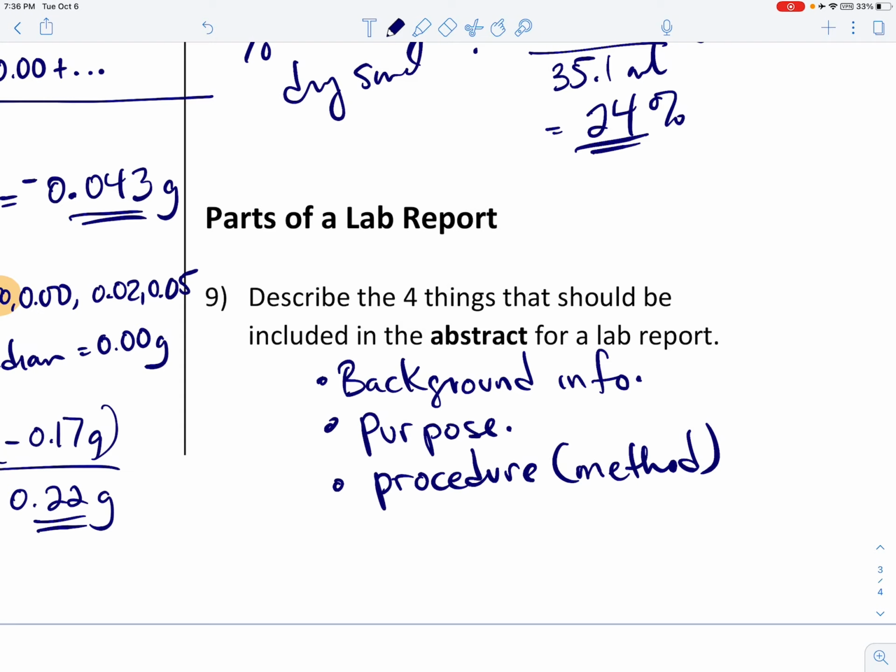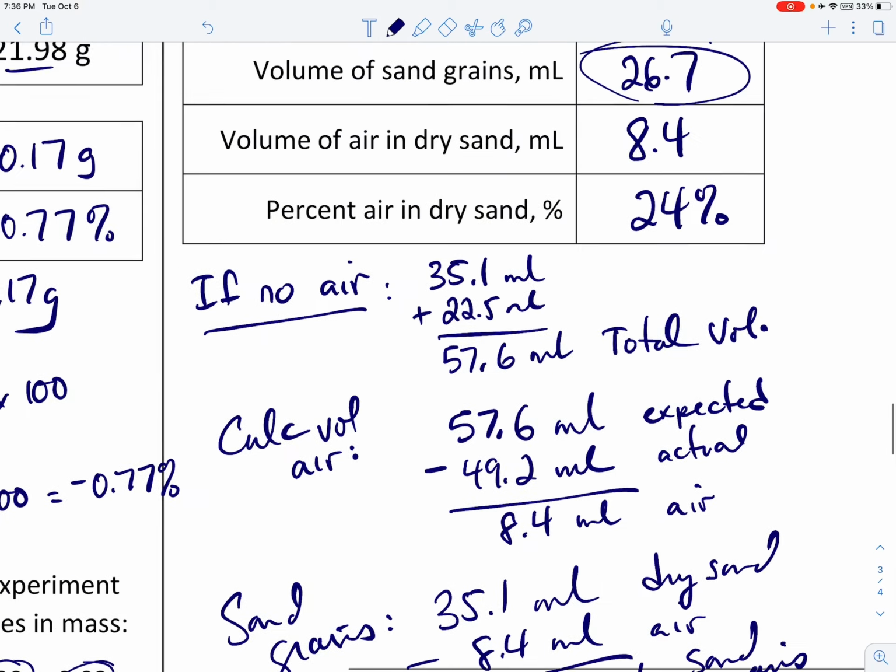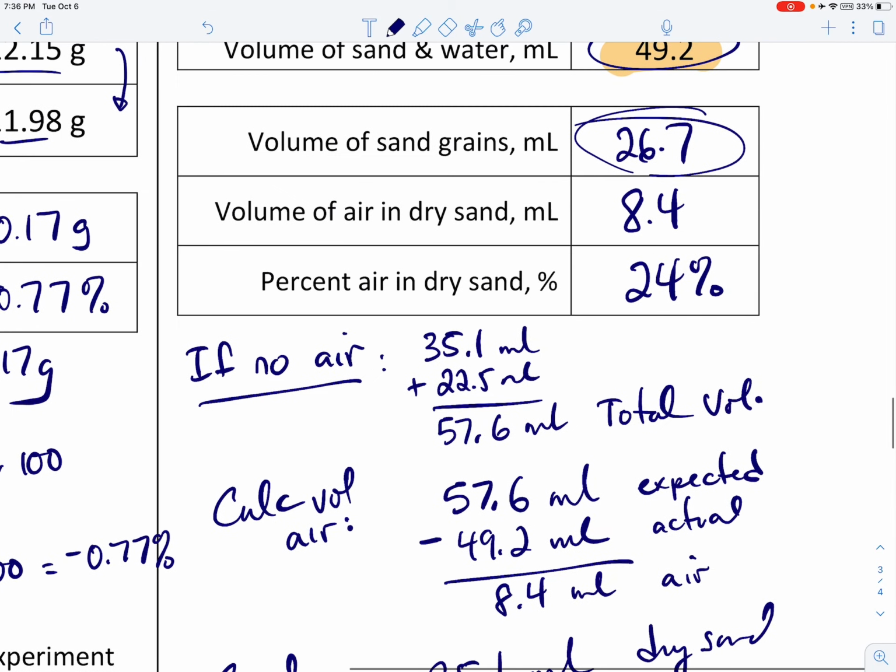Here's what I would say in this experiment. To do this, we measured the volume of a sample of dry sand using a graduated cylinder. We then measured a sample of water's volume. We added the dry sand to the water and measured the combined volume. Done. There's the procedure.